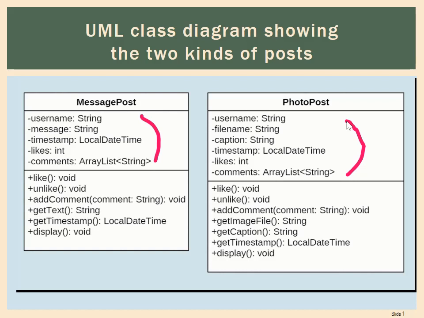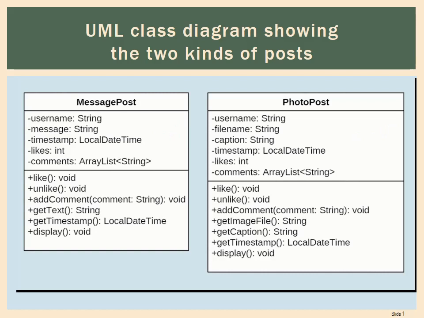So we have username, message, timestamp, likes and comments over here. And in the photo post, we have username, filename, caption, timestamp, likes, and comments over here. These reflect the different instance variables for the two different classes.